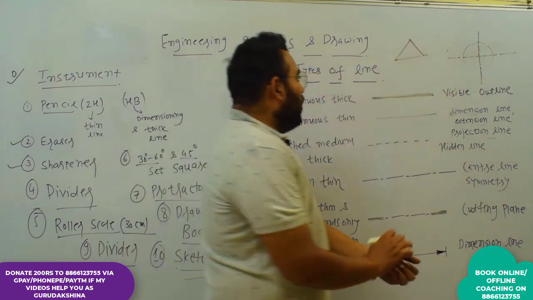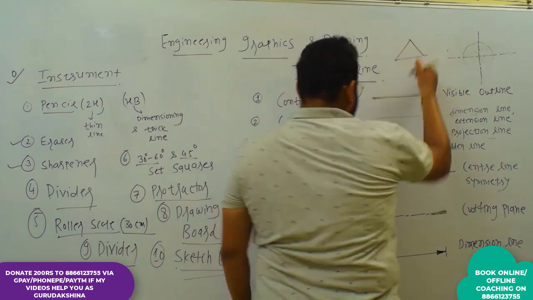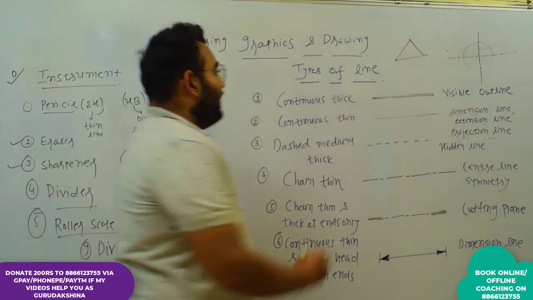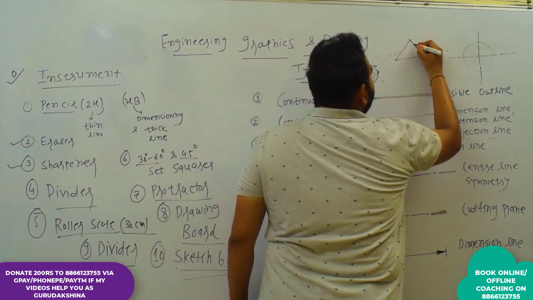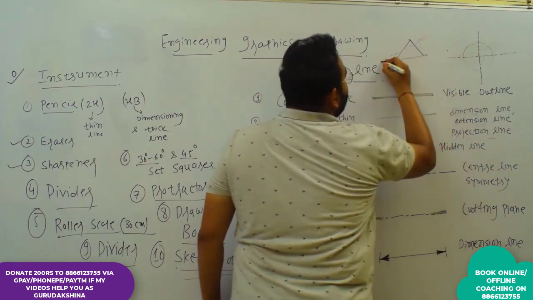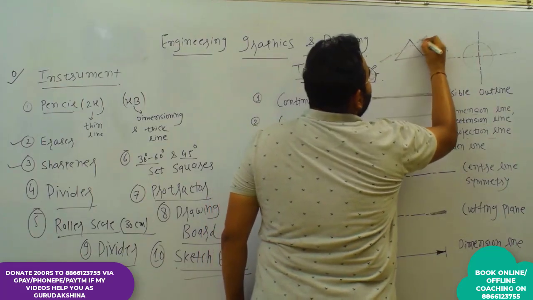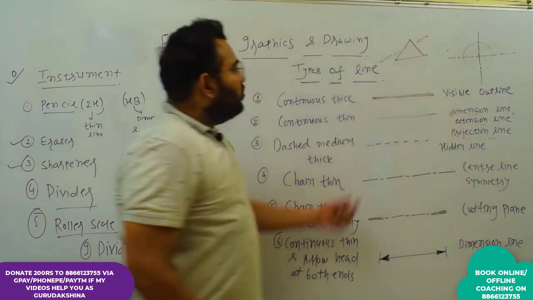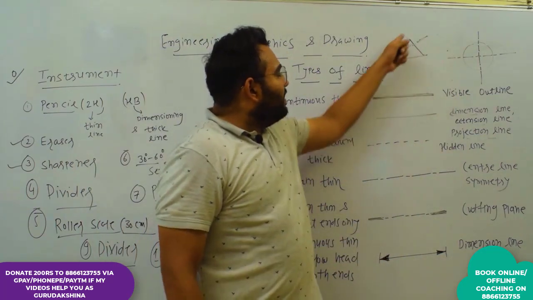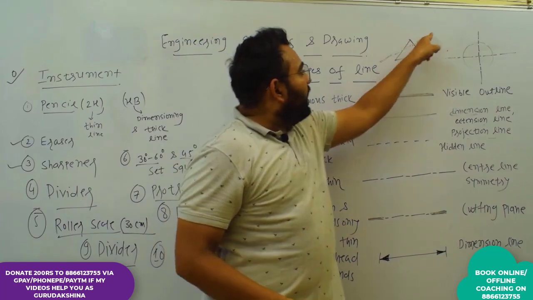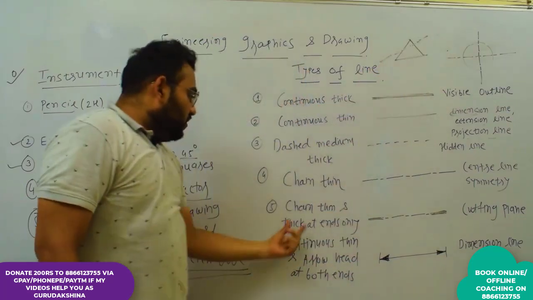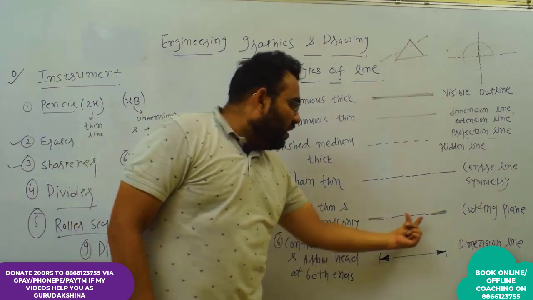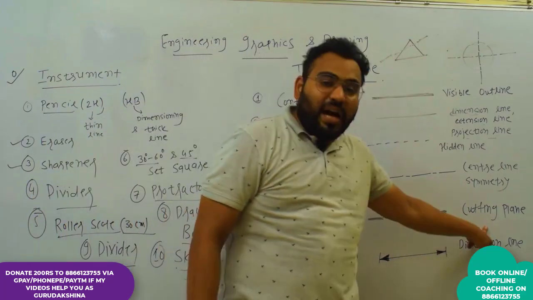If I want to show the cutting of this cone, I'm going to show this same line over here: big line, short line, big line, short line, big line, and the starting big line and ending big line must be dark. So what we conclude from here is that this is the cone and this is a cutting line. So this cone is going to be cut. So chain thin and thick at ends only is used for showing a cutting plane.